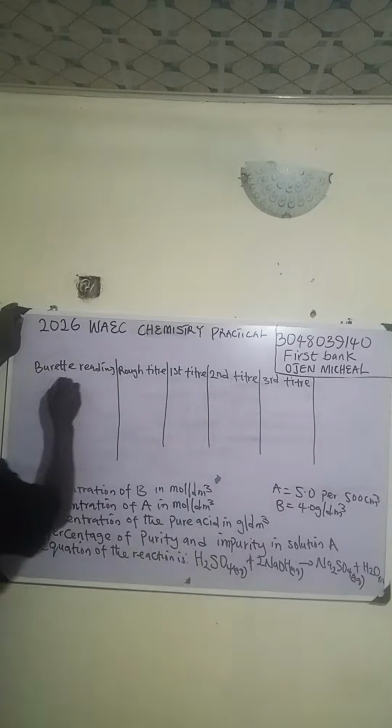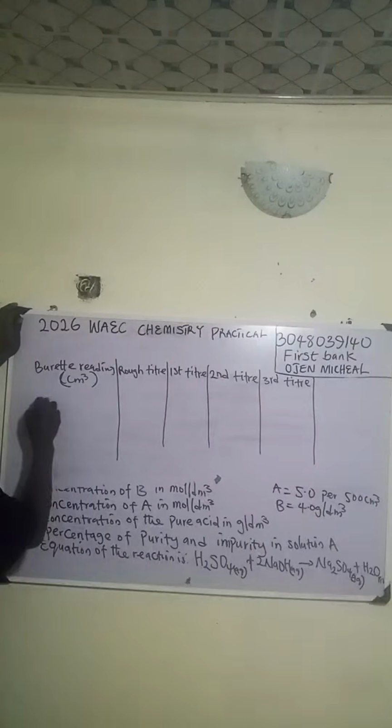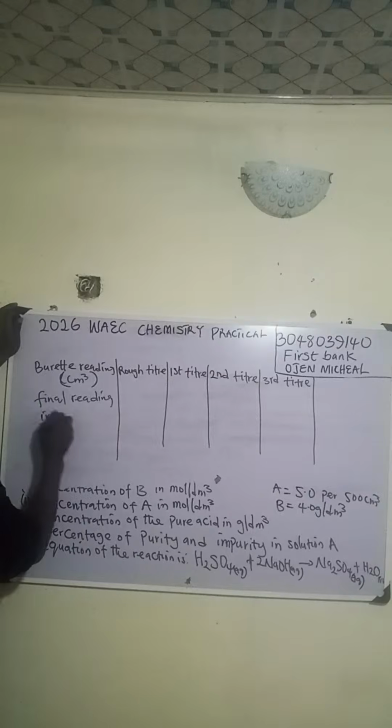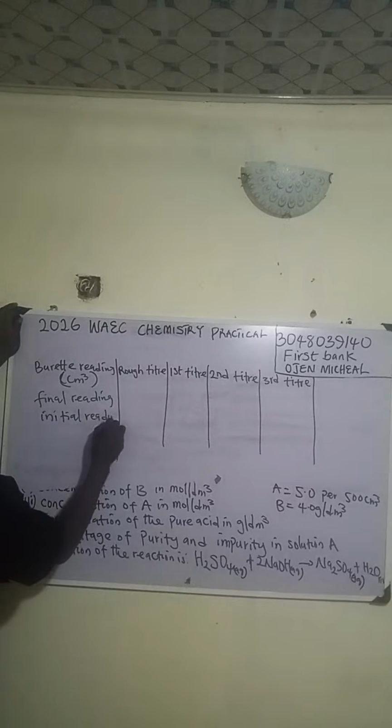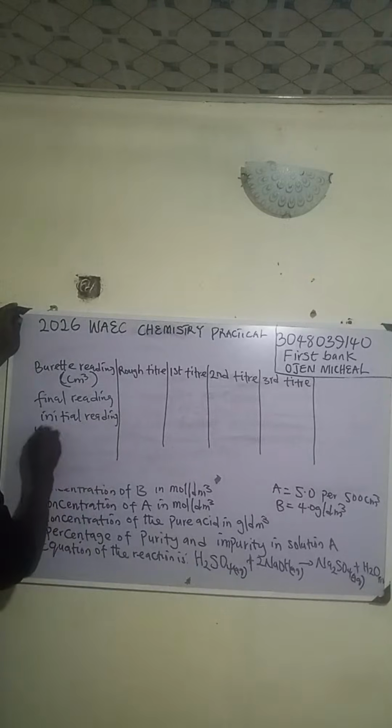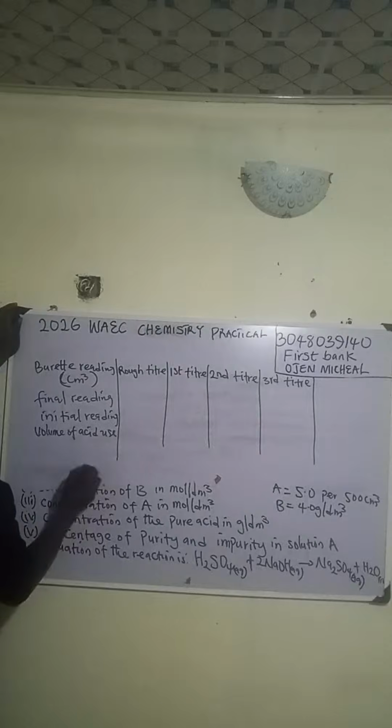All of them are in what? In cm3. Please just take note of that. Now here we have our final reading, then initial reading, and we have volume of acid used.